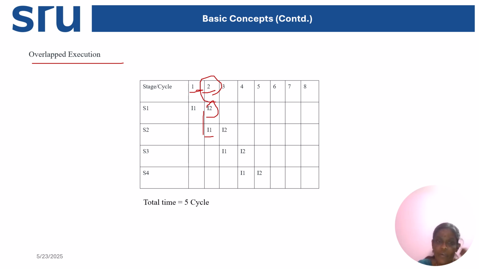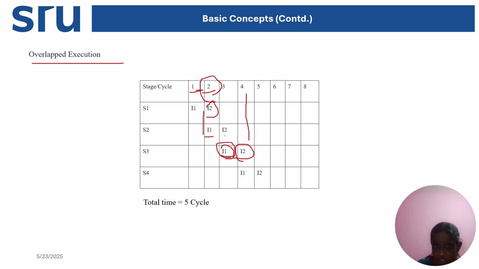In the same way, in the third clock cycle, instruction 2 enters the second stage. At the same time, in clock cycle 4, instruction 2's third stage is performed, while for instruction 1, the second stage was performed and then the third stage is performed.